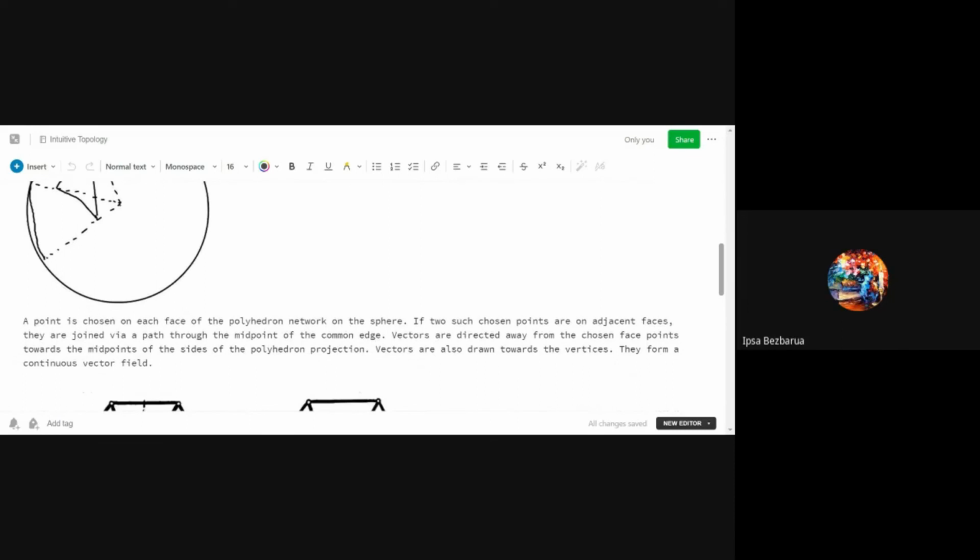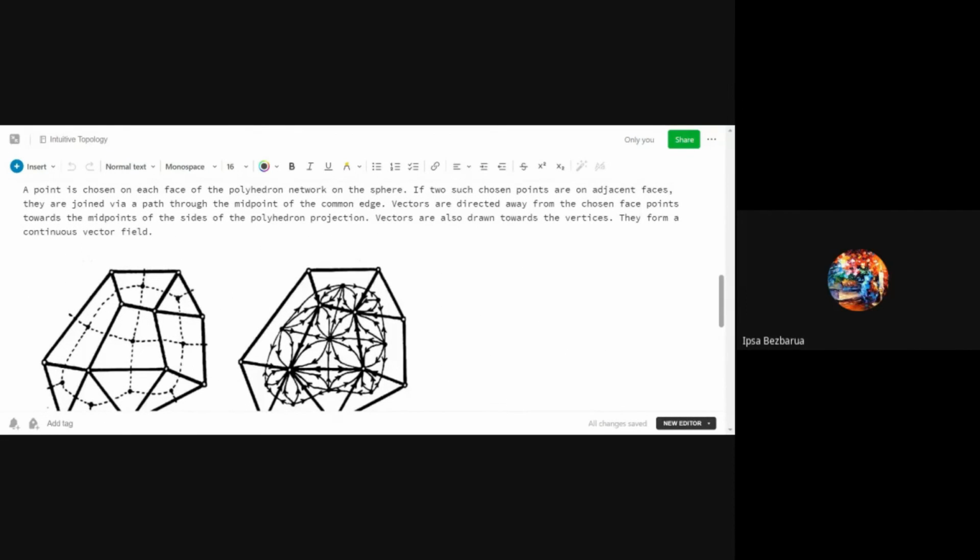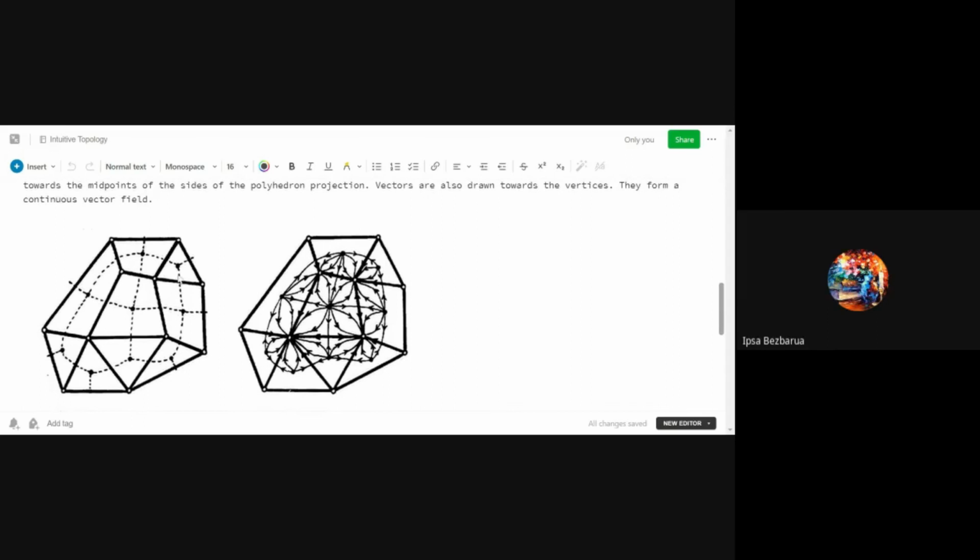Now, I choose a point on each face of the polyhedron network on the sphere. The diagram I have here is taken from Prasolov's book. He doesn't represent it on a sphere because, same arguments, it just doesn't look very nice on a sphere.